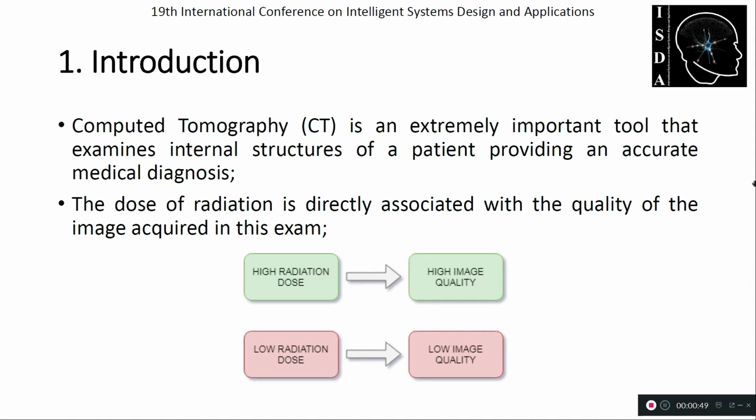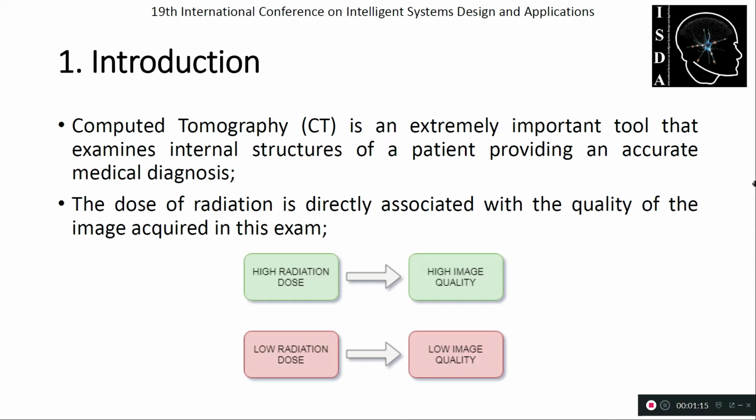So, computed tomography is an extremely important tool that examines internal structures of a human body, providing an accurate medical diagnosis. And the dose of radiation is directly associated with the quality of the image acquired in this type of exam. That is, a high radiation dose will provide you a high image quality.